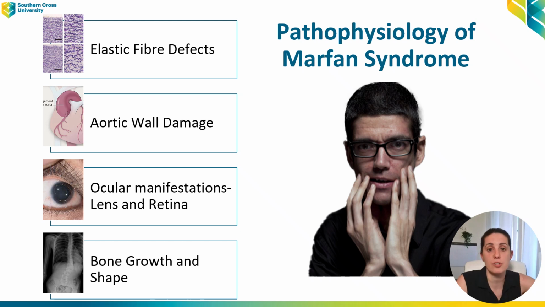Basically, it's an autosomal dominant connective tissue disorder arising from a mutation in the FBN1 gene on chromosome 15. That gene encodes fibrillin 1, which is a critical component of the microfibrils within the extracellular matrix. These microfibrils provide structural support and serve as a scaffold for deposition of elastic fibers.